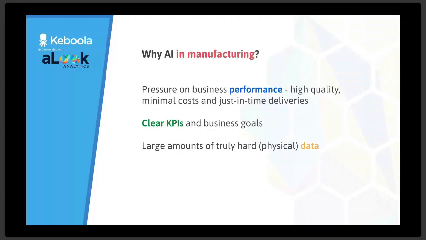The second reason is that thanks to the Six Sigma and Lean programs, there are clearly defined KPIs and business goals, which is not entirely the case for the other industries that we are working with. And the third reason, the most important for me as a data scientist, is obviously that there is a large amount of truly hard data. Those data are robust and reliable because they very often come from physical measurements like temperature, pressure or humidity.